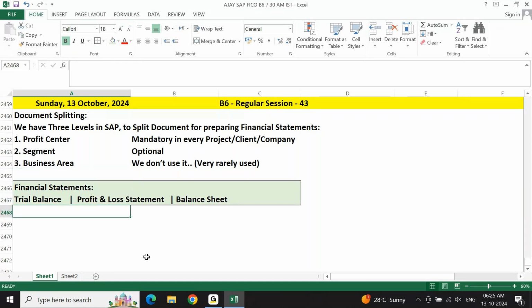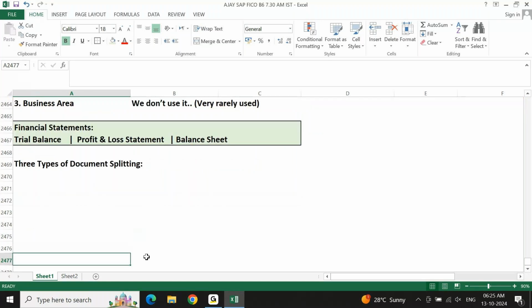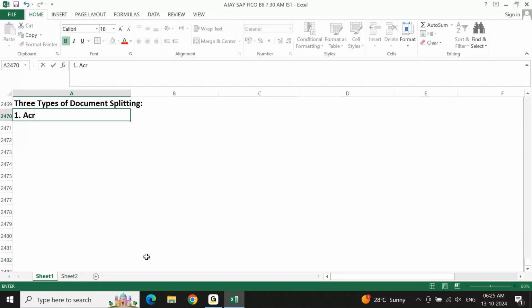And next thing, we have three types of document splitting. When we talk about three types of document splitting, the first point is active document splitting. Second one, passive document splitting.